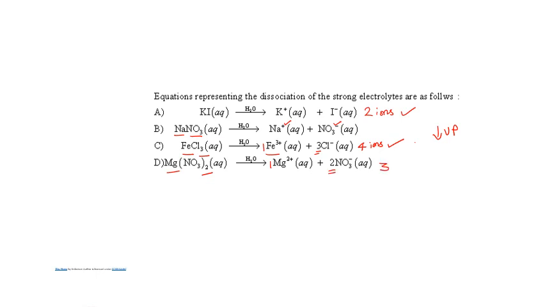So the order in lowering the vapor pressure will be: FeCl3 will have the most effect, and then Mg(NO3)2, because we have three ions in that case, and then NaNO3 and potassium iodide. If there is some other particle which is not going to dissociate at all, it will have the least effect.